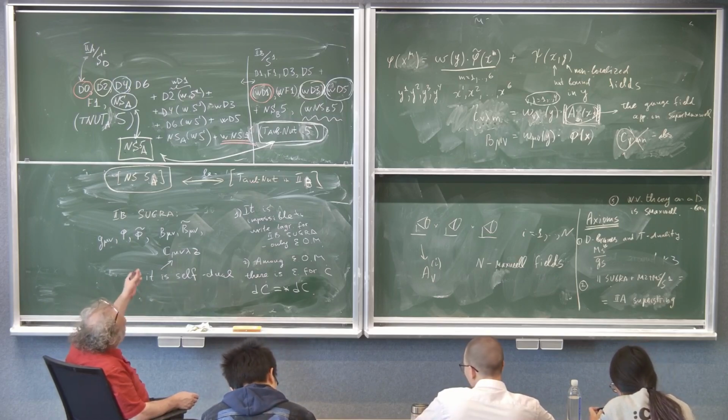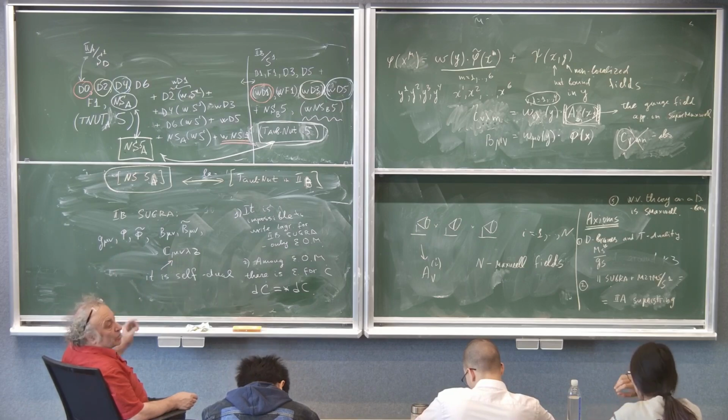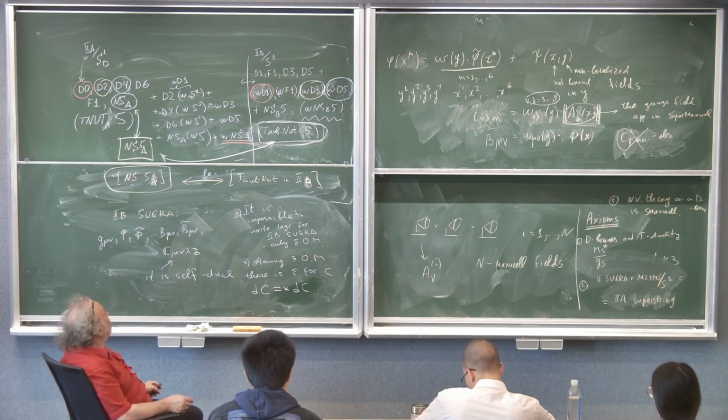So now we will study Taub-NUT in type 2b and see what this elusive theory of NS5 branes in type A theory is.